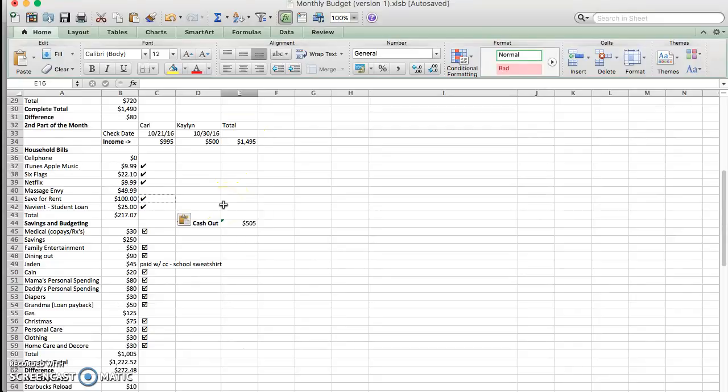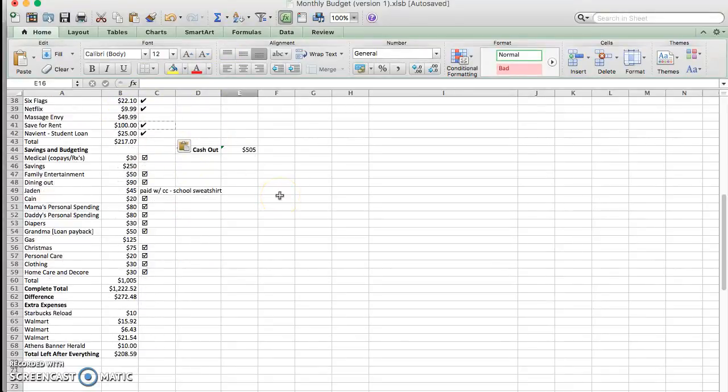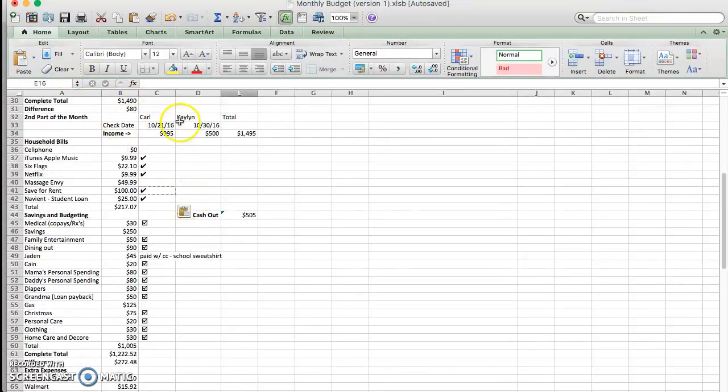So the second part of the month down here, which was the last half of October, this shows, let me scroll up here. Okay, so this shows the same up top as the first part of the month, our income and the total, our household bills, and now you can see down here how I do everything after they've been paid.